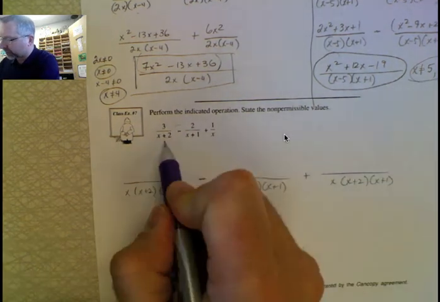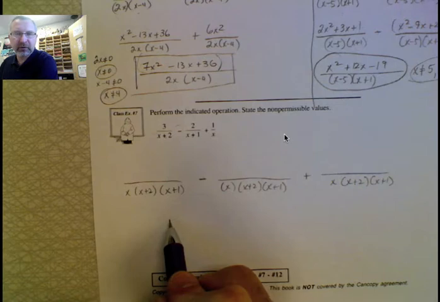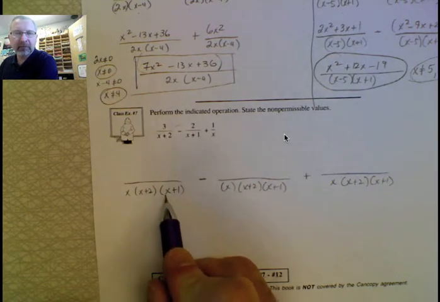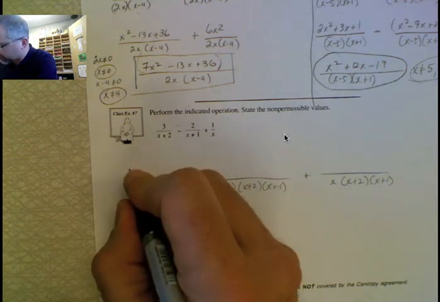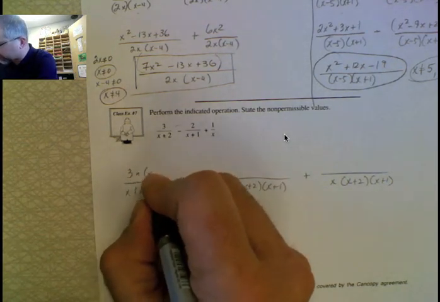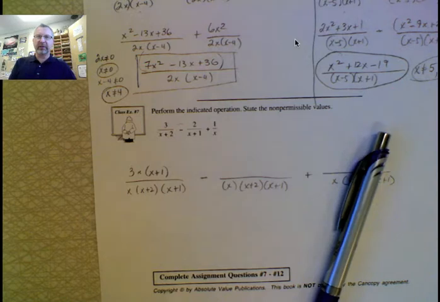Okay, so if I compare my first denominator to what I have here, I multiplied this first denominator by x and x plus 1. So I have to take the 3, multiply it by x, and multiply it by x plus 1.